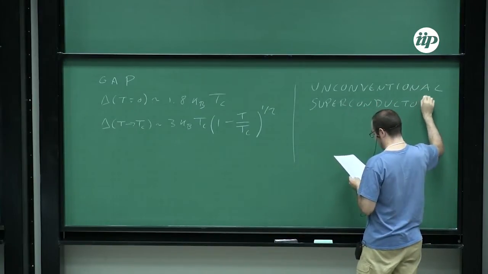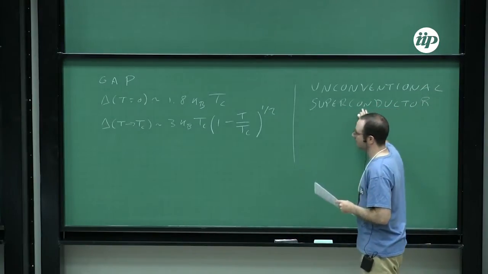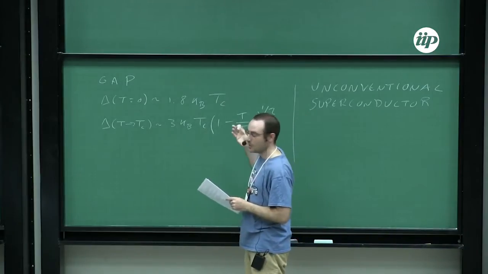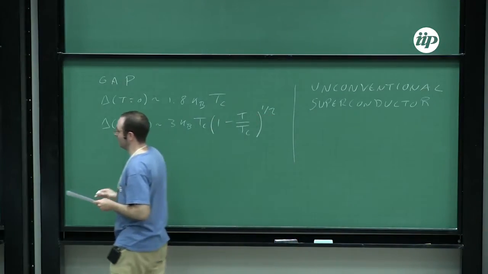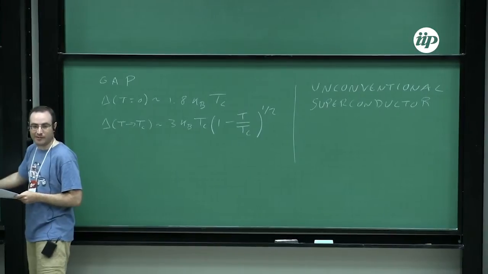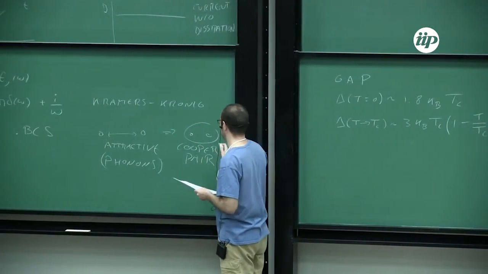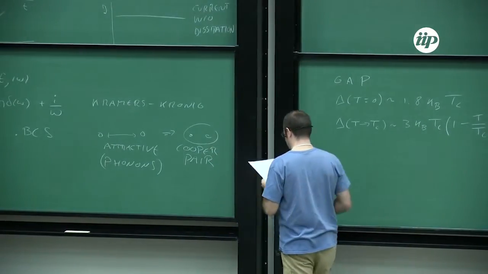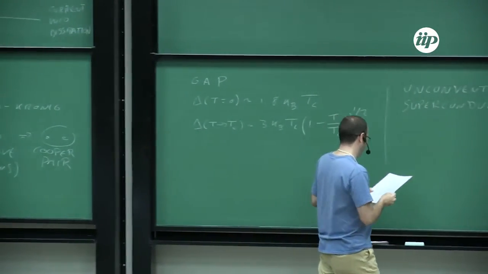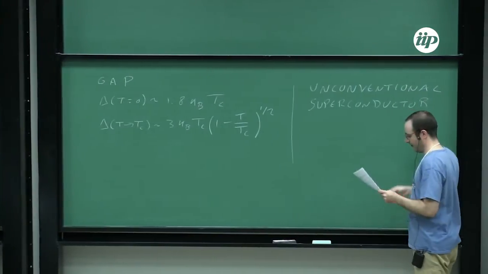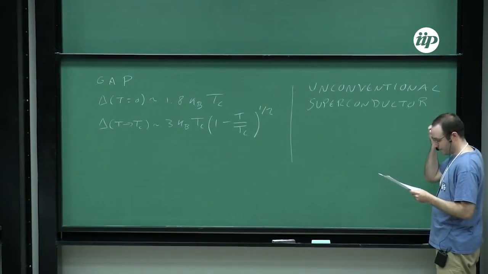Sometimes this includes other superconductors that also have Cooper pairs, but maybe they don't form a singlet state, but they form some p-wave state or they have other orbital angular momentum.